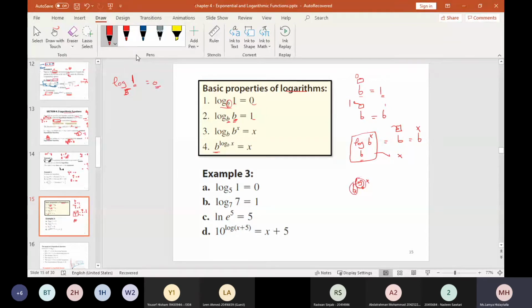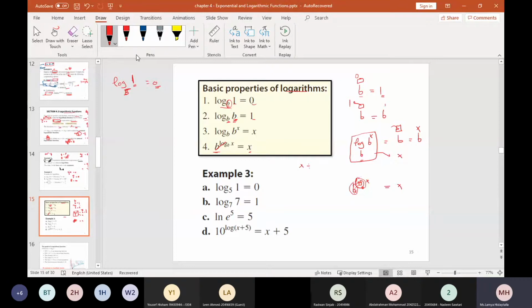So these are two opposite operations, as if they will cancel, like multiplication with division, correct? So the final answer will be equal to x. So b to the power log x to the base b is equal to x, because these two operations are opposite, or inverse of each other. Here are some examples.